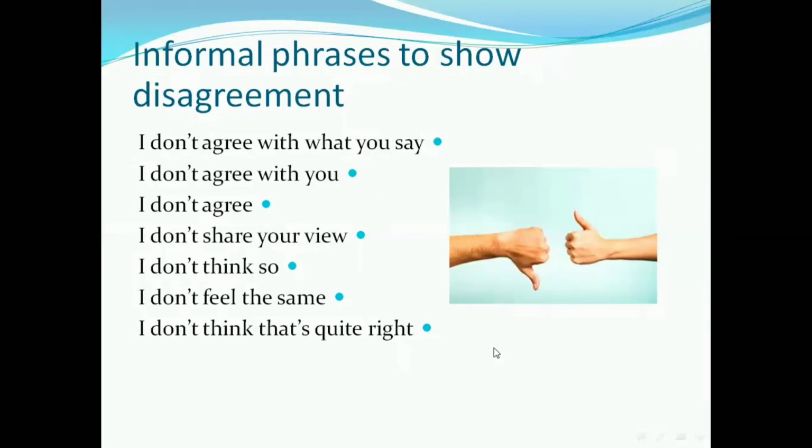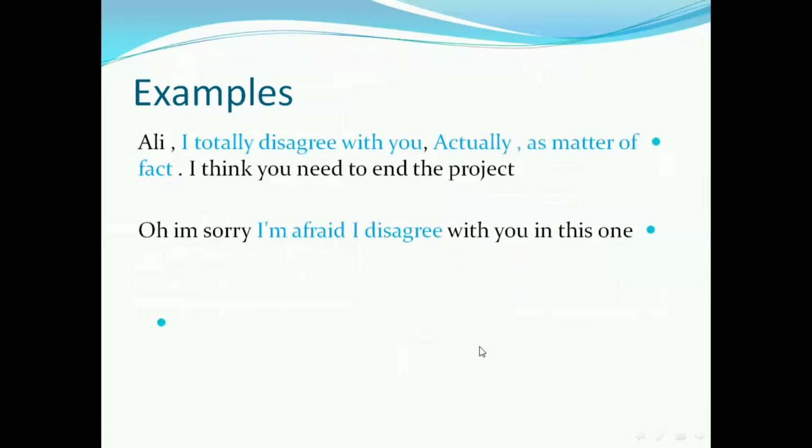Now let's take some examples. Examples of the informal disagreement. Ali, I totally disagree with you. Actually, as a matter of fact, I think you need to end the project. As you can see, we were able to put two expressions in one sentence.